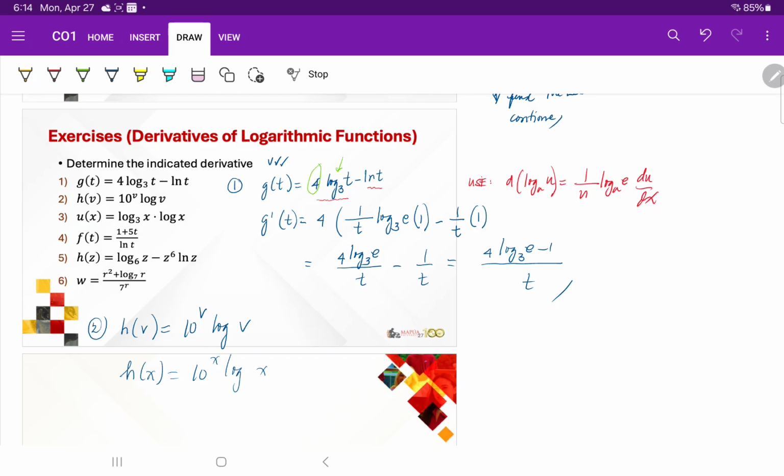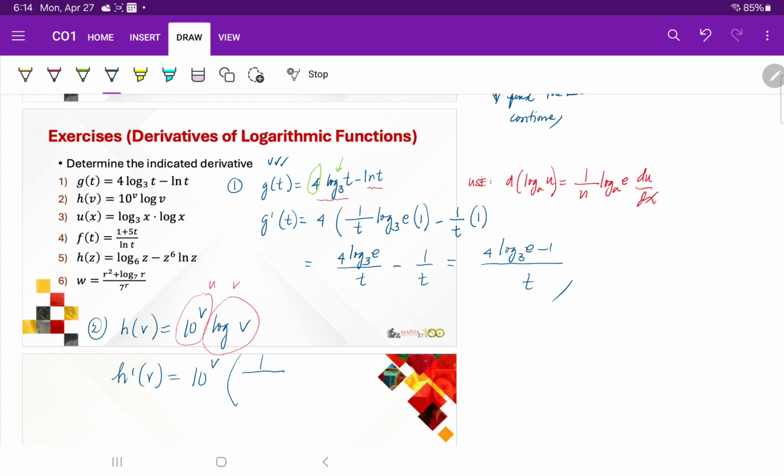Right? So how do you find the derivative here? What's the formula? We use the derivative of a product. You have this as u and this as v. This is the derivative of u times v. Again, we copy which one? We copy u times the derivative of v.